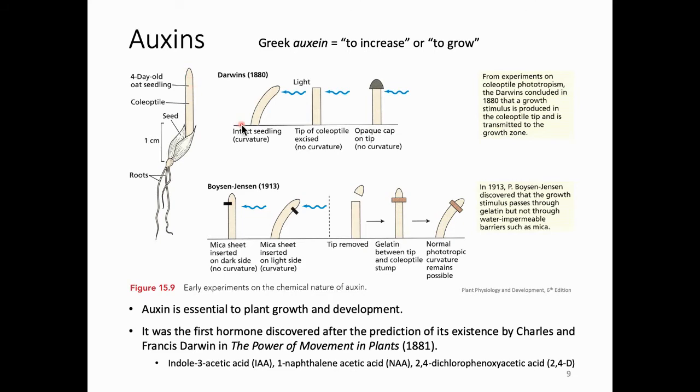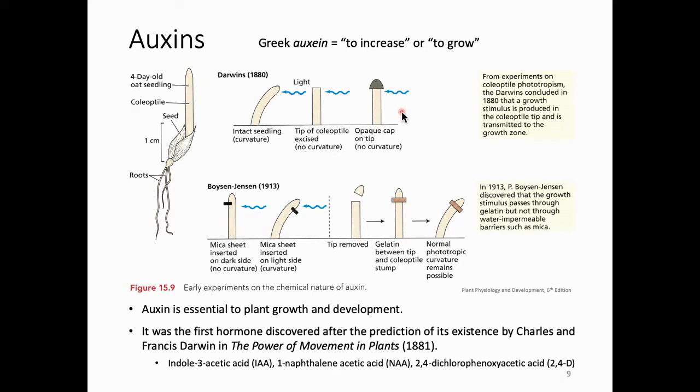They discovered that if the coleoptile was given light from just one direction, the plant will bend toward the light. But if the tip of the plant was cut off, the rest of the plant will not bend anywhere. And if the tip of the plant was covered with a metal cap, again it will not bend.